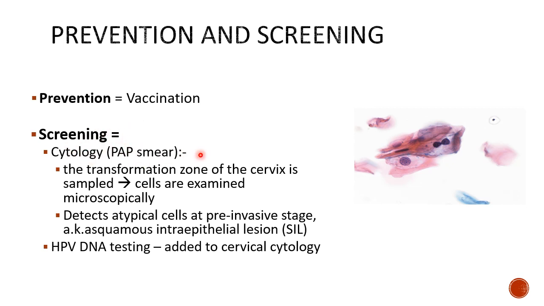One is cytological examination, the pap smear, where you sample the transformation zone of the cervix and the cells are examined, and if any abnormality is identified, then they can be referred for subsequent investigations. Another form of screening is HPV DNA testing. The same sample can be subjected to DNA testing, and if you detect any high-risk HPV DNA present, then the patient will be managed accordingly.